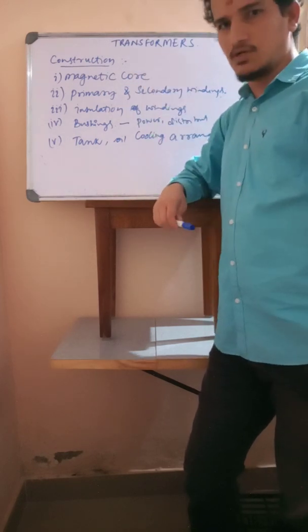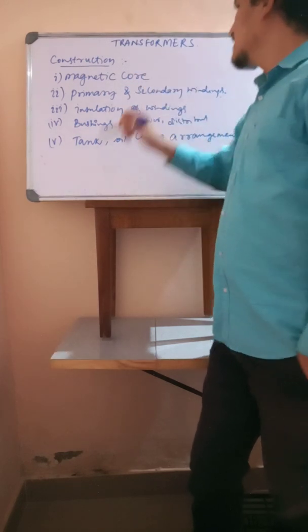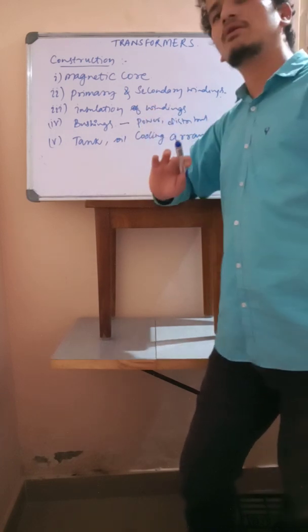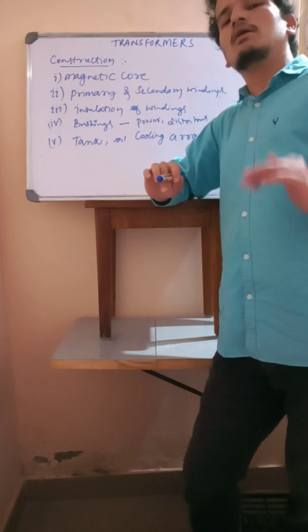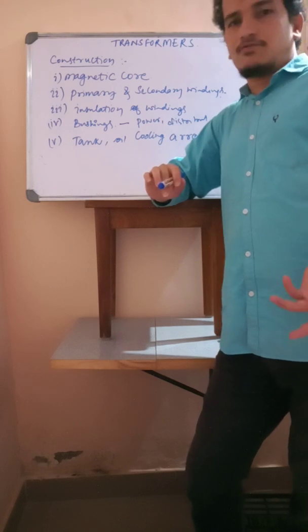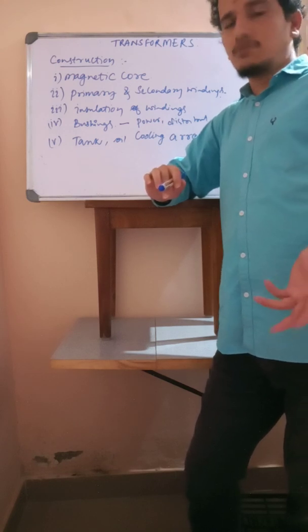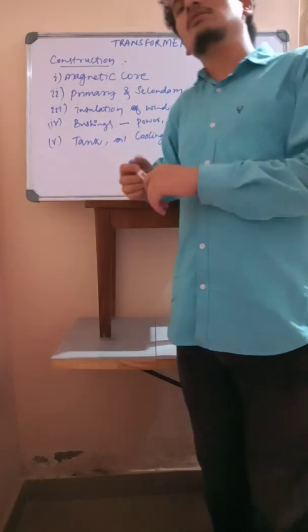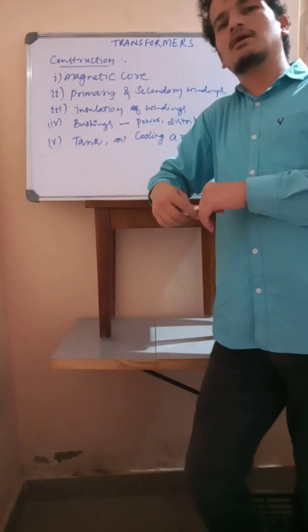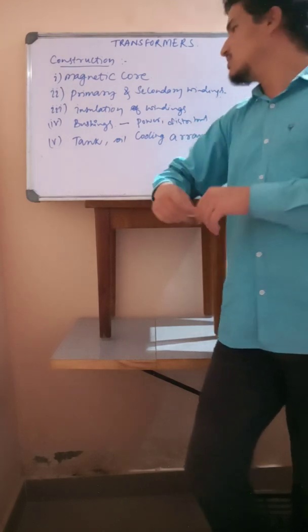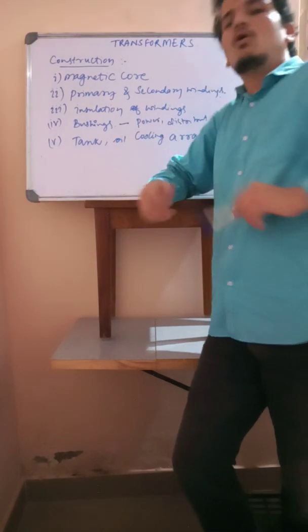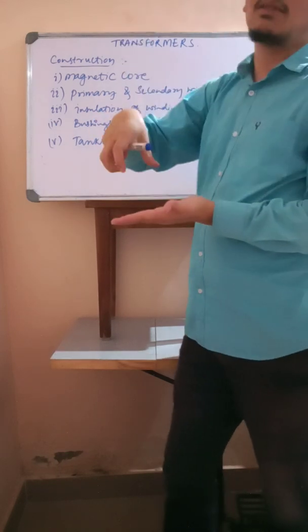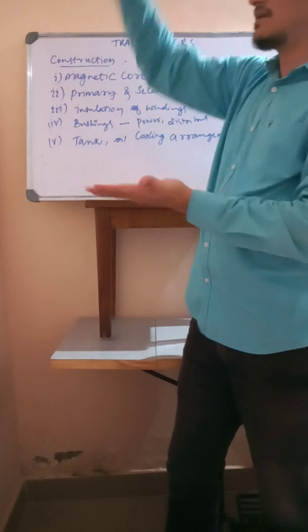For power and distribution transformers, which means very heavy duty transformers, we need a special kind of insulating cooling media called transformer oil. So that oil is filled in that tank and the complete setup is immersed there.